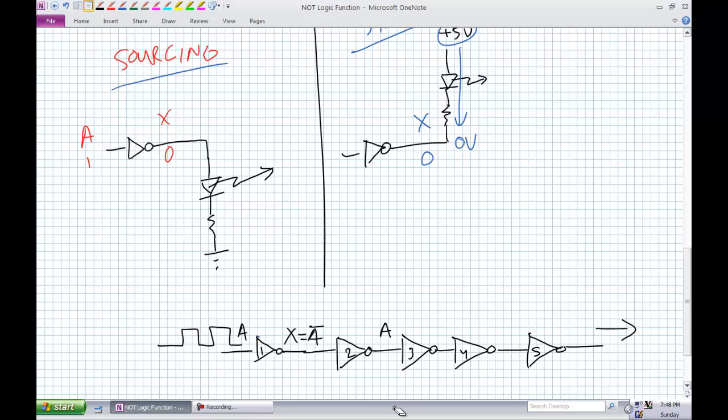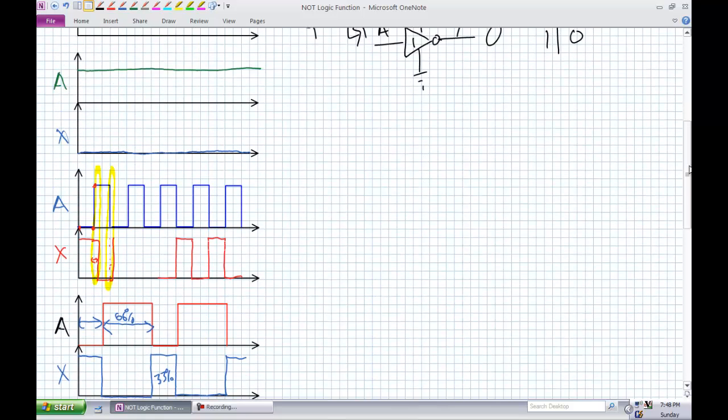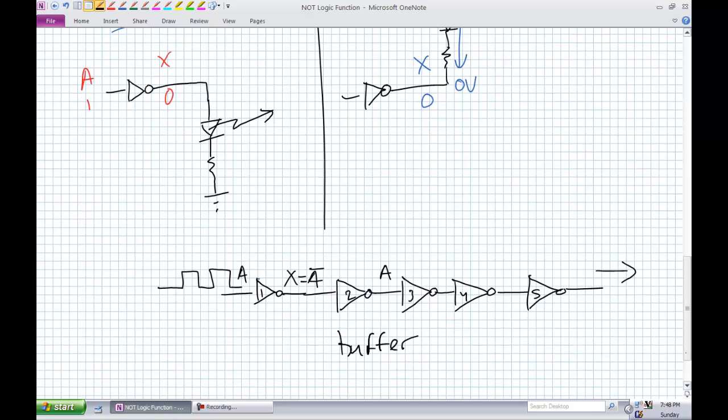So it seems unnecessarily complicated right now. Why would I ever do something like this? Why would I ever invert it and invert it again? Go back to those glitches I referred to earlier. Sometimes you want to avoid those things. Maybe you want to purposely delay a signal. That's what's known as a buffer. Additionally, think about this. What if I had like 100 of these things and they all had a 10 nanosecond delay?